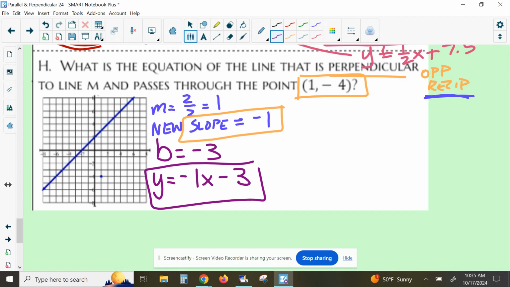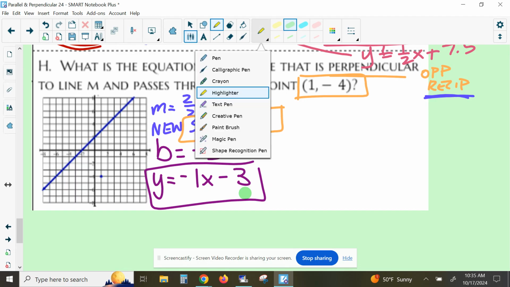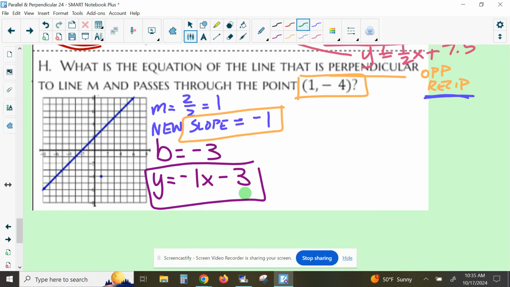Remember, you can check it even on this graph right here. Because this says that my y-intercept is -3. So that means if I were to manually graph this, I'm going to go to -3 on my graph. Boom. And then my slope is -1. So that means rise -1, to the right 1. It's going to look like that, right?